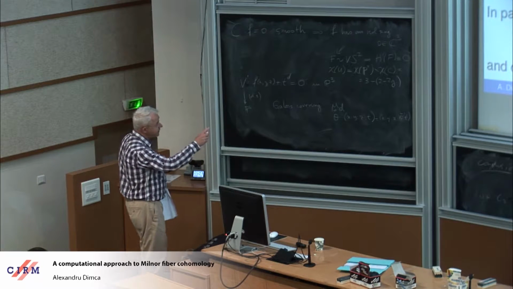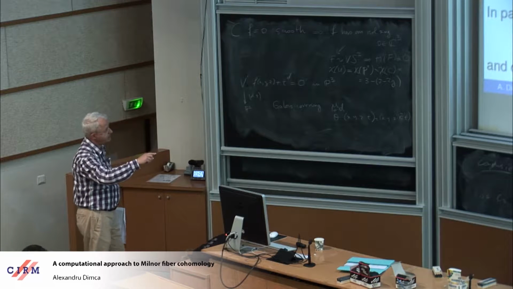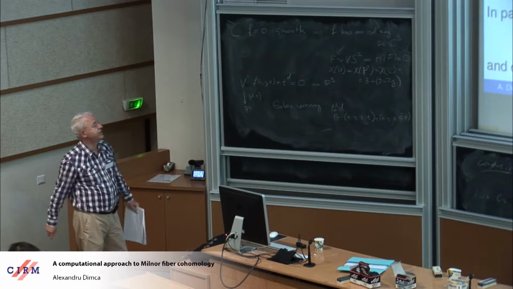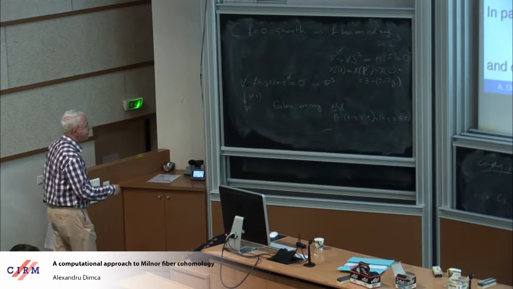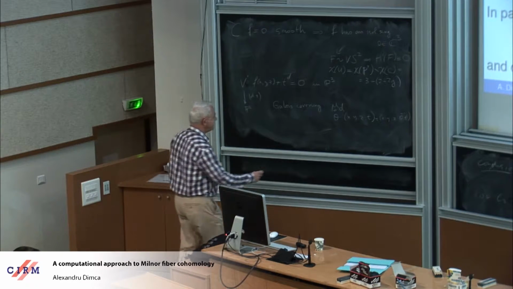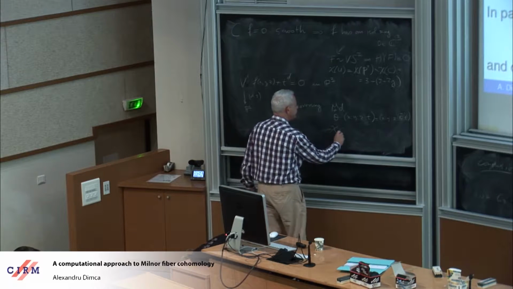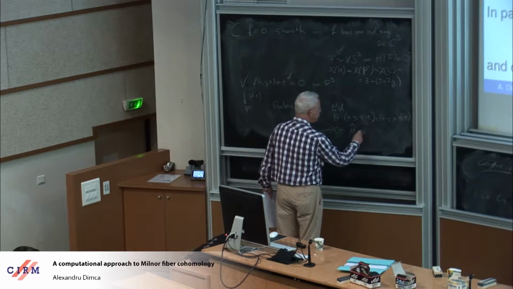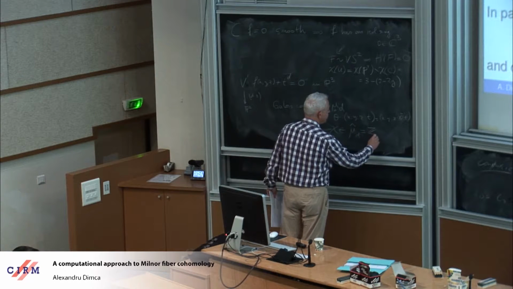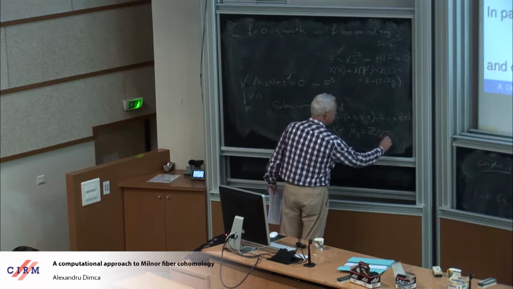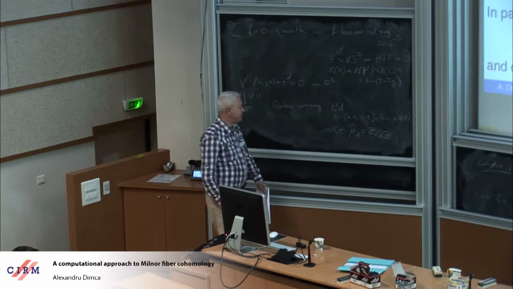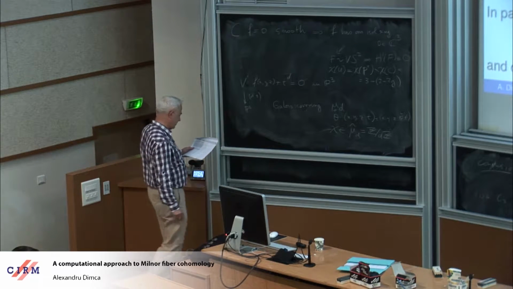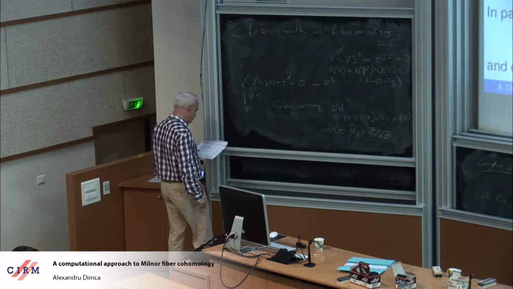And instead of speaking of eigenspaces associated to an eigenvalue, I can look at characters of this dual group, which can be identified to this group. And for each such character, we have the following relations.